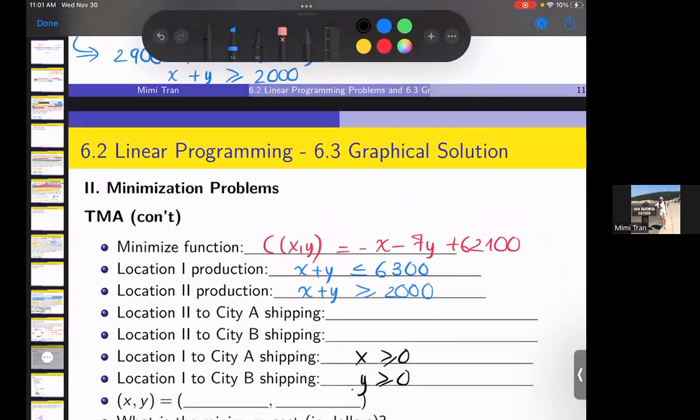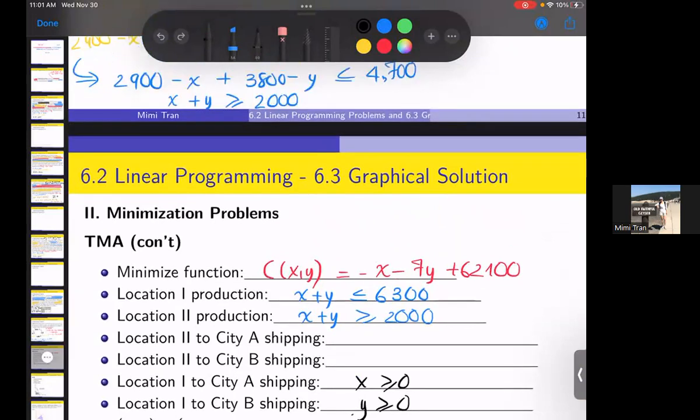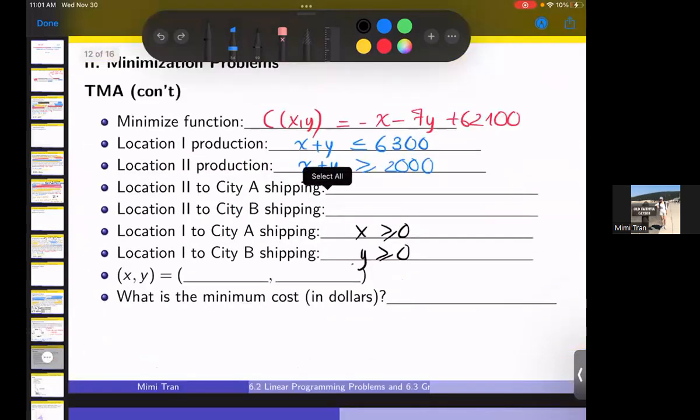All right, you should be able to tell me these. Location 2 to CDA, right here. You look at the diagram. Everything is from the diagram. Location 2 to CDA. So 2900 minus X has to be positive.